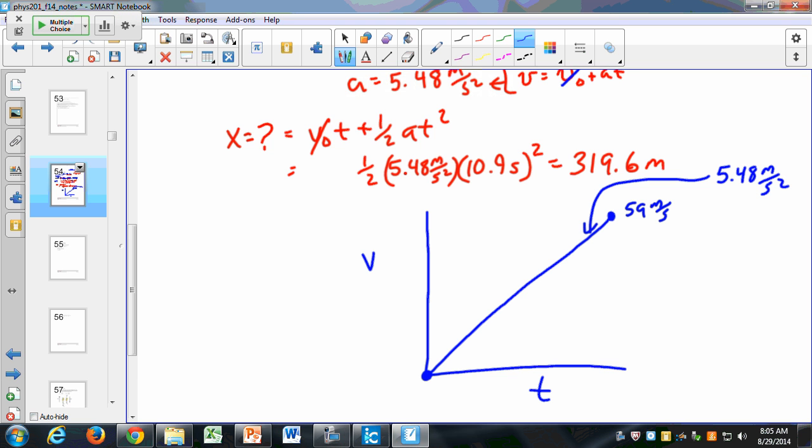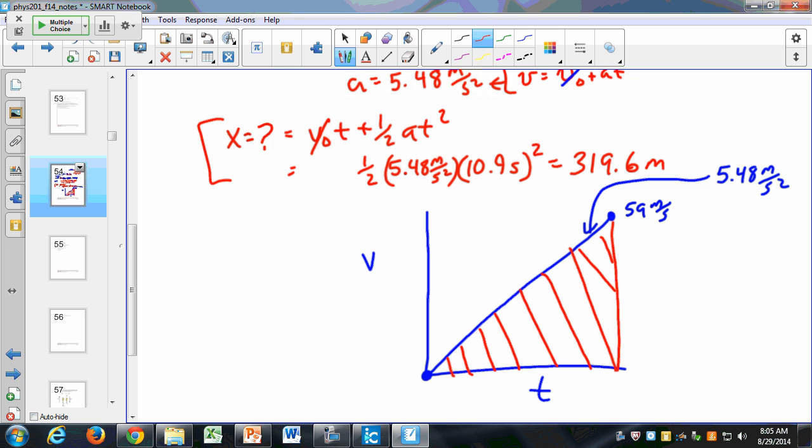If I just connect those two dots and find the slope of that line, which is going to be 59 over my time, I get 5.48, and that's my slope. However, if I then come back and take the area under this line, which is what we did here, I find that the area under this line is 319.6 meters, right, which is smaller.